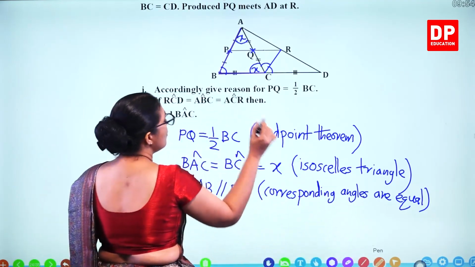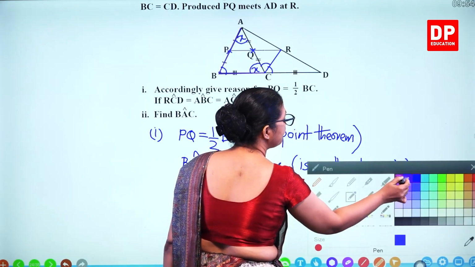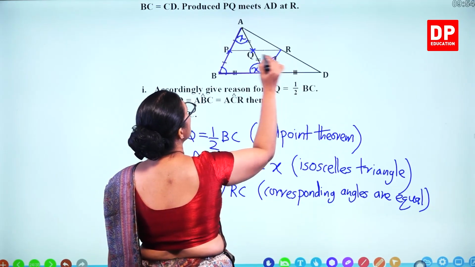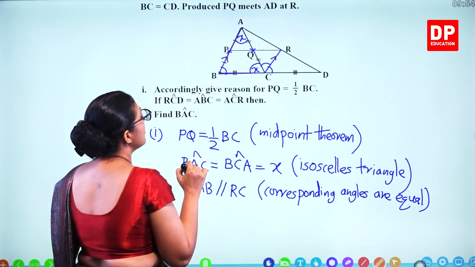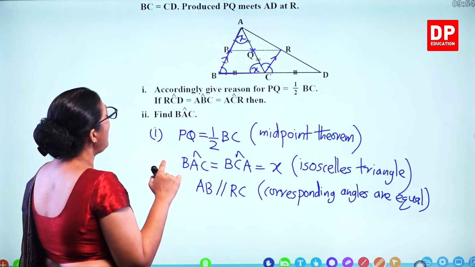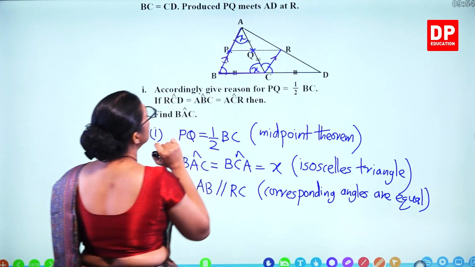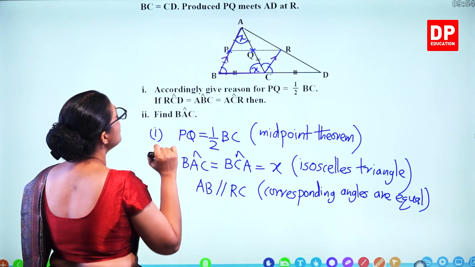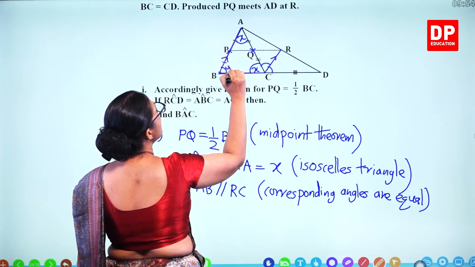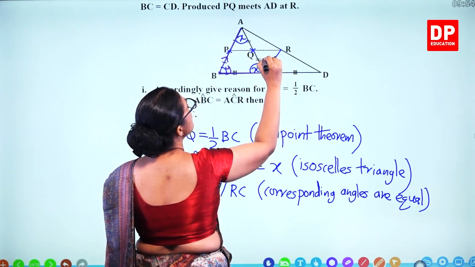So we found these two lines are parallel. This one and this one. And these two are equal. So we'll put this is Y, this is Y, this is Y.